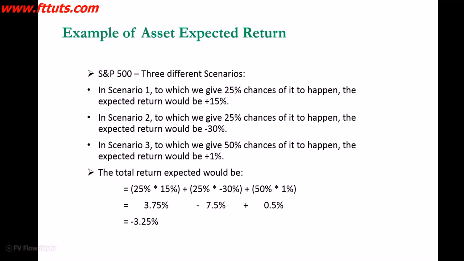As we've seen before in the previous slide, the total return expected will be scenario number 1 chances times the return, same for scenario number 2, and same for scenario number 3. And you end up here with a negative return of 3.25%.